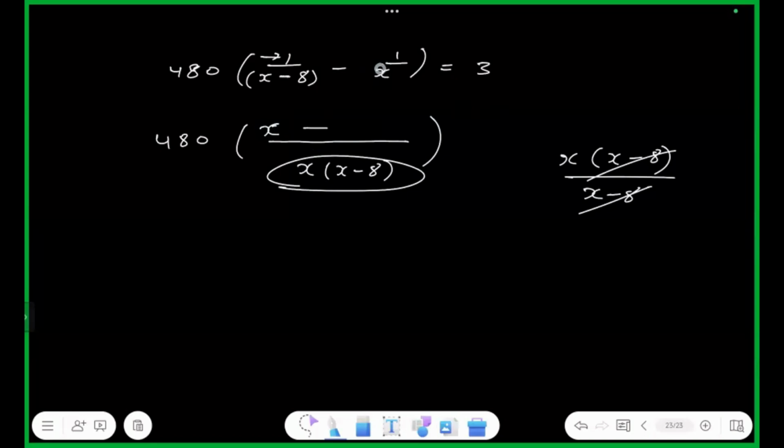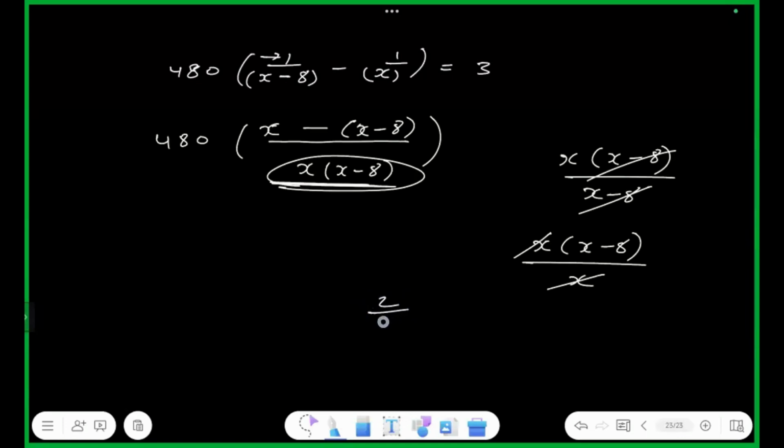Then I will divide this common denominator x into x minus 8 by x. What I will get? x minus 8. Now x minus 8 will get multiplied with 1. So I will get here x minus 8. Okay, it is done in the same manner as we do LCM of two fractions.